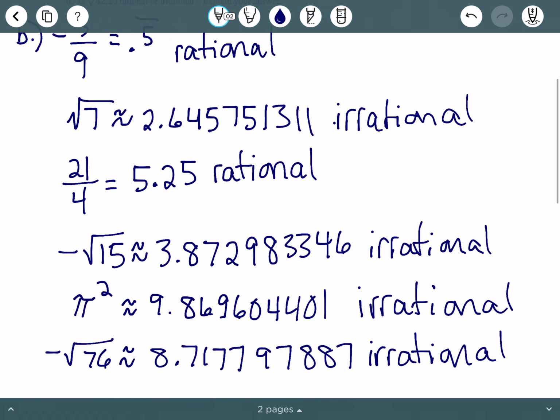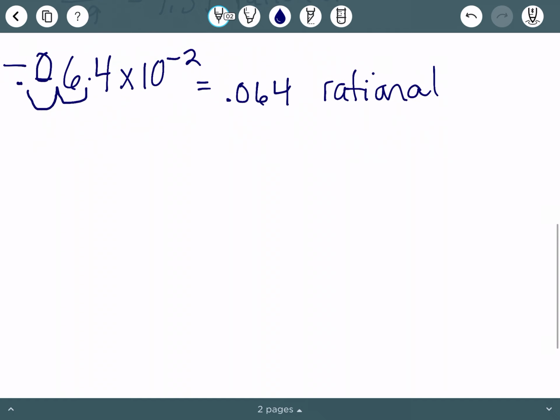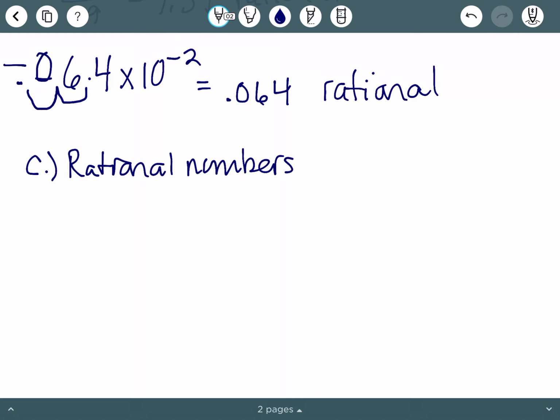So part C. We've done part A, which was your predictions, and part B, which we just did. Part C, what do you notice about the decimal forms of rational numbers compared to irrational numbers? Something that I noticed as we were going along was that the rational numbers have equivalent decimals that repeat or terminate.